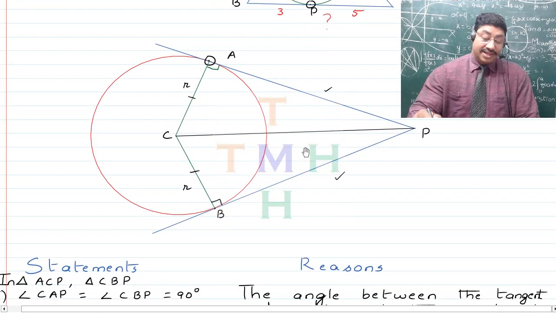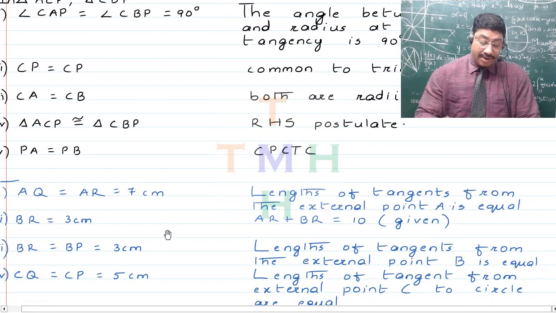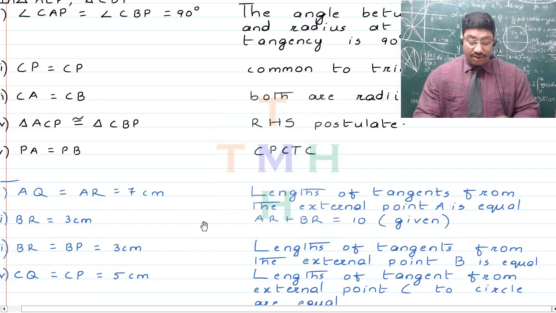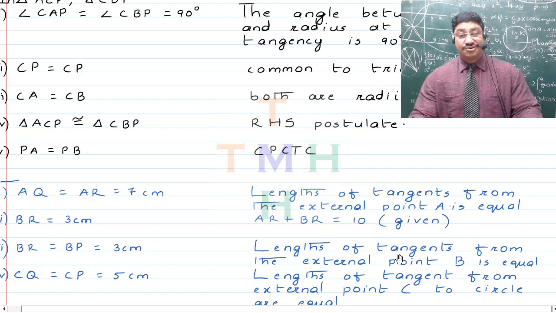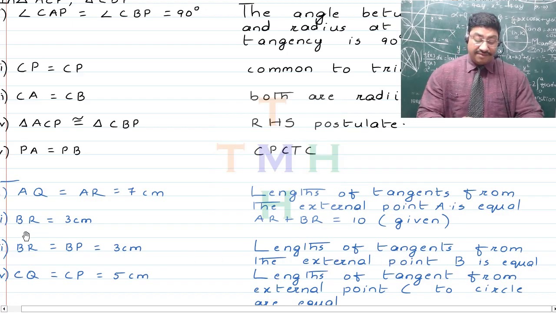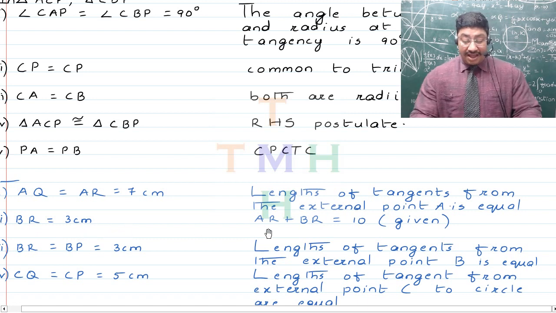So this is going to be the next statement, that is BR will be equal to BP, right? And here we will say that this is because again the same theorem, length of tangents drawn from an external point B to a circle will be equal, and before that we've calculated BR to be 3 centimeter because AR plus BR is 10. So if we talk about AR to be 7, obviously BR is to be 3 centimeter.